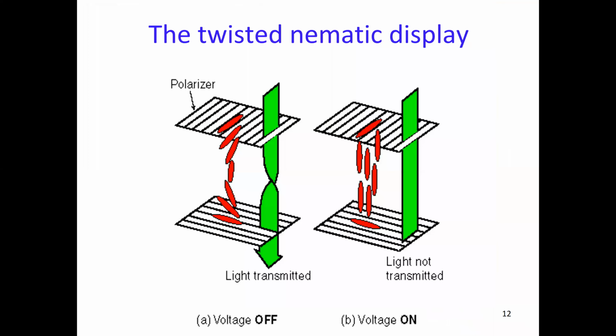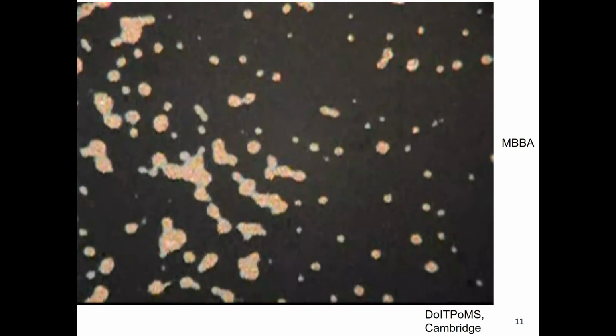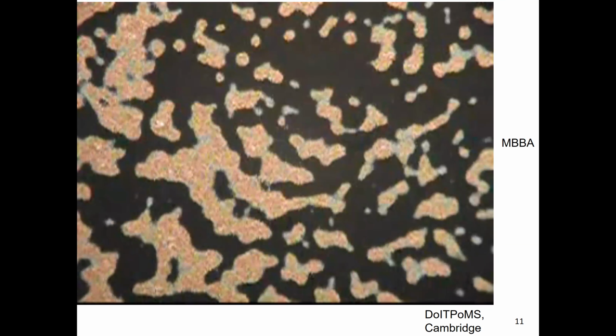Okay, so here's a movie of the nematic phase forming in the isotropic phase. The isotropic phase is in black, and now the temperature is being reduced. There we go. And you'll see the nematic phase appearing in the isotropic phase.